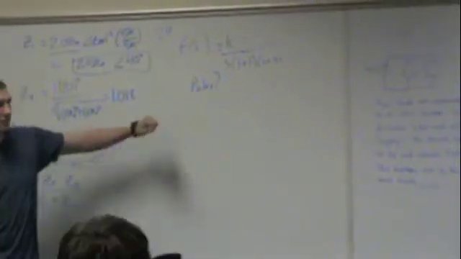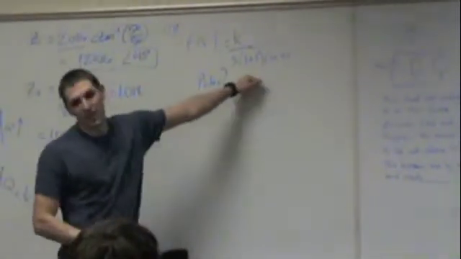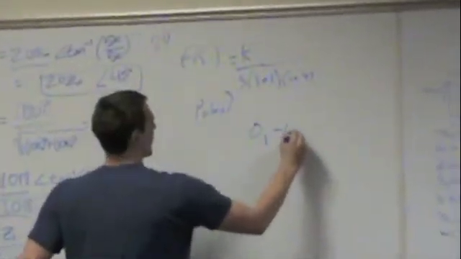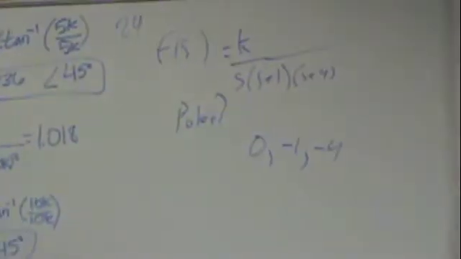No, we're skipping electromagnetics. We're in control systems. 0, -1, and -4. You just take the bottom and factor it, which is already done. You set every part to 0, and you get 0, -1, -4.